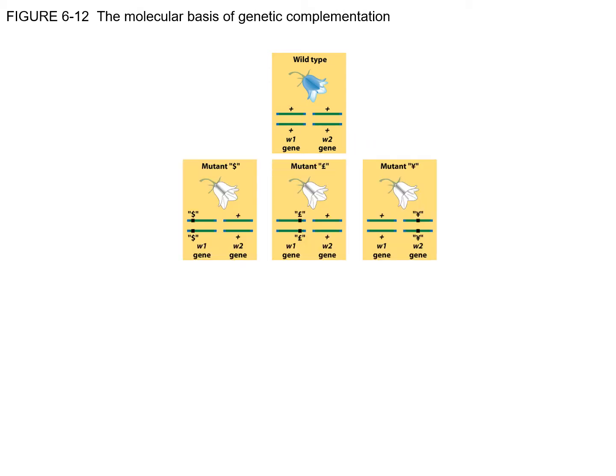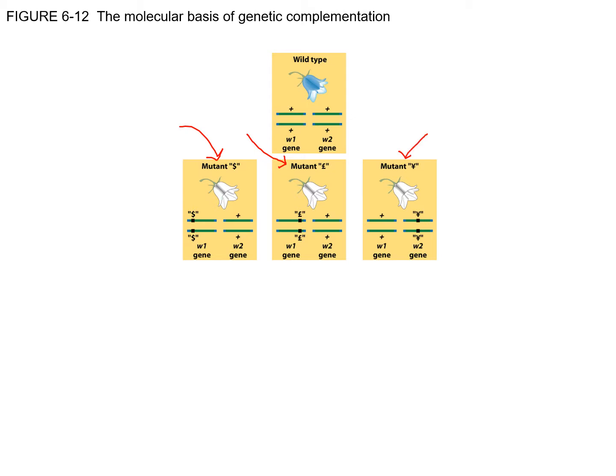Now, we have three mutant individuals, and we want to see if there is an interaction between these genes, if these mutations are on the same gene or if they're on different genes. We're going to denote these mutant $, mutant £, and mutant yen sign.